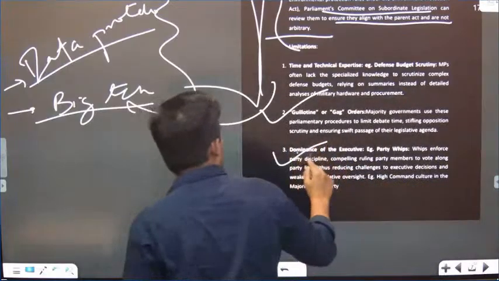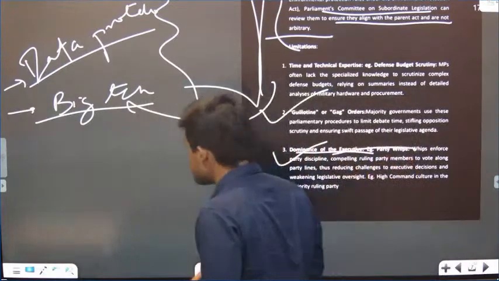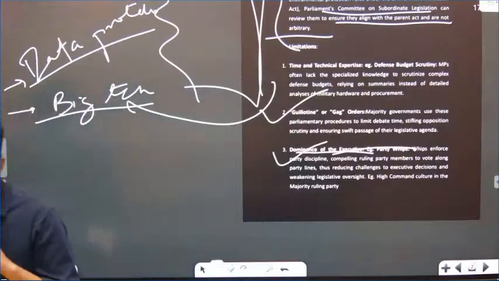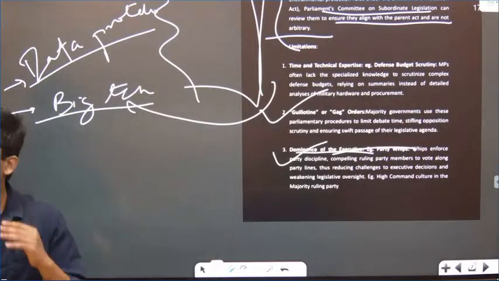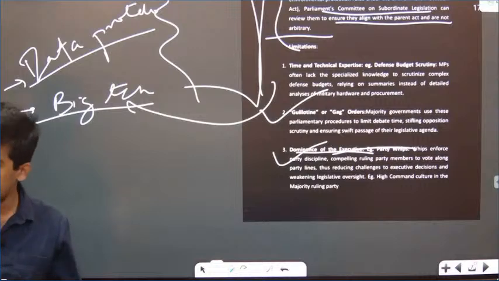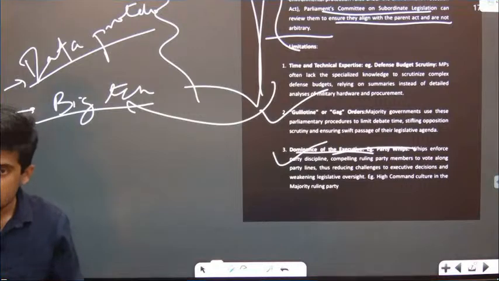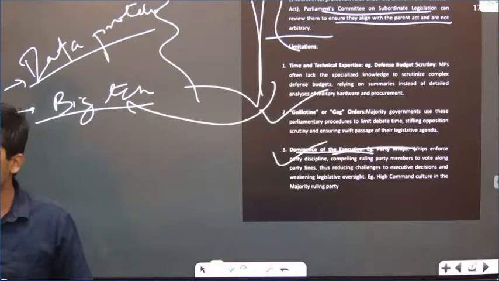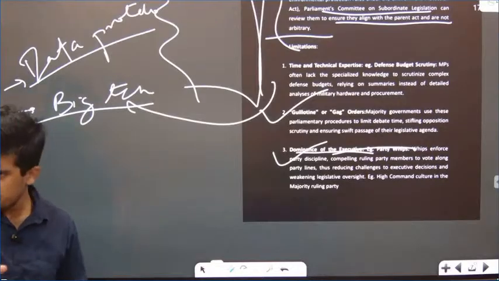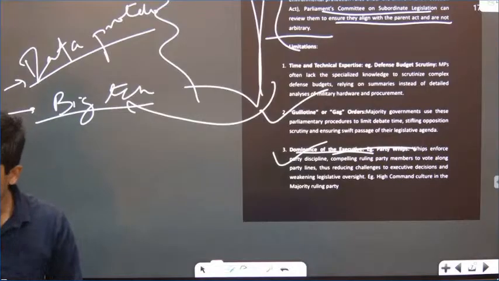Similarly, dominance of the executive. Party example, party whips. Majority party whip will say you'll have to vote on this. That means there is something called high command culture. For example, if the big political leaders say that you vote according to this, the whole party will vote according to this. Do you think any member of the party will stand against it? No, right?